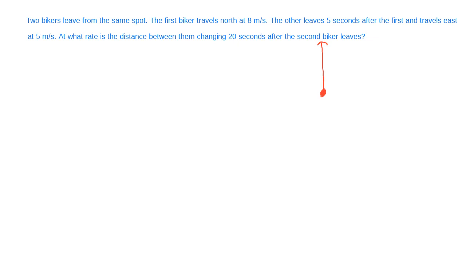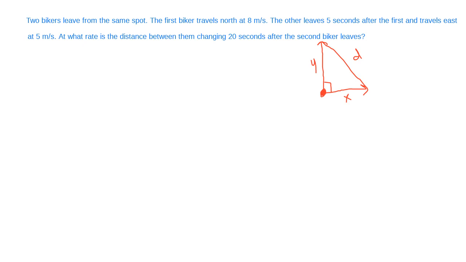And we also know that the other one leaves and goes east, so he's going to go this way. We know there's going to be a right angle right there. And then they're wanting the distance. So distance is going to be this part right here. So we're going to have our x, our y, and our d.